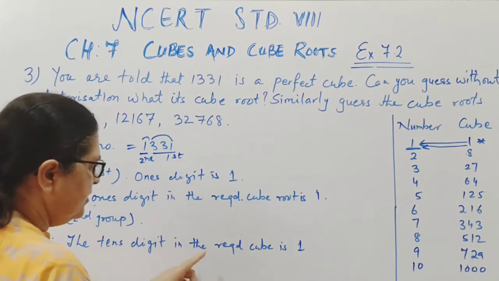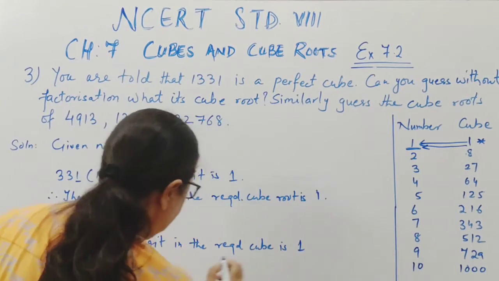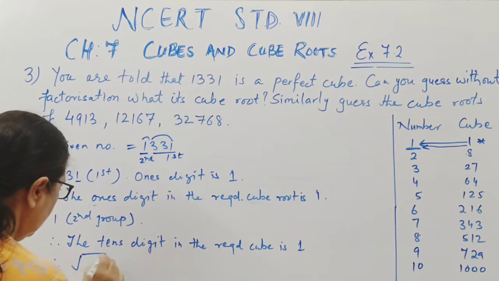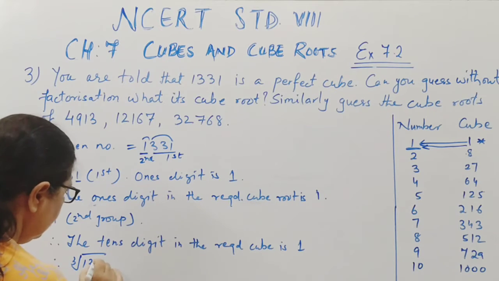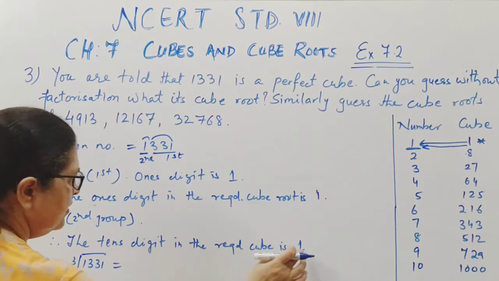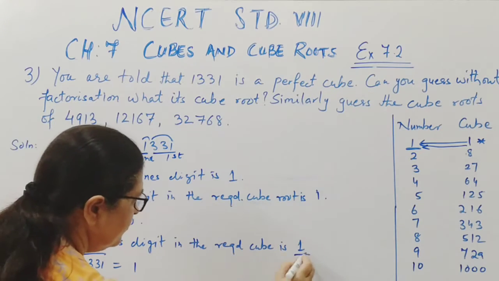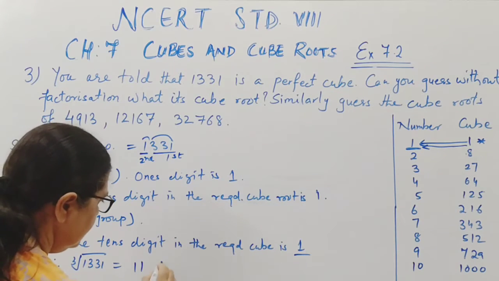Therefore, the tens digit in the required cube root is 1. Therefore, cube root of 1331 is tens digit, this is ones digit, that is 11.